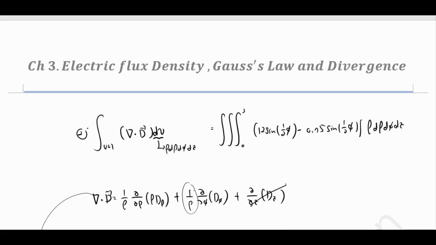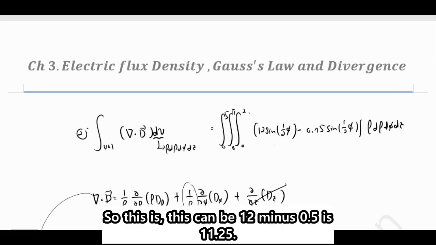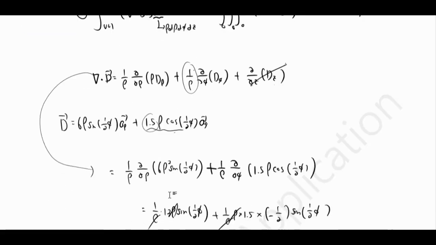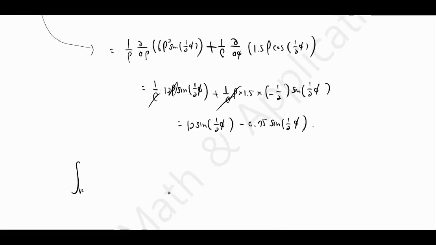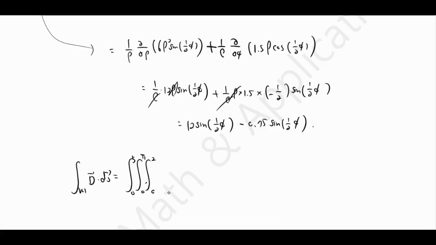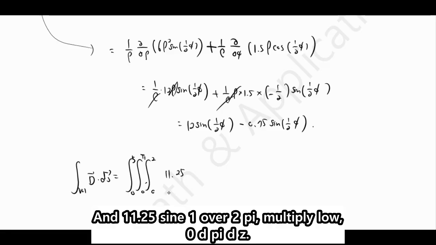Rho is from 0 to 2, phi is from 0 to pi, and z is from 0 to 5. So 12 minus 0.75 is 11.25, and the integral is 11.25 sine(1/2 phi) times rho d rho d phi dz.